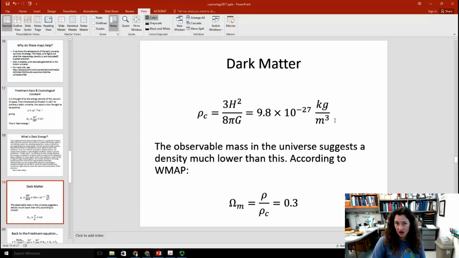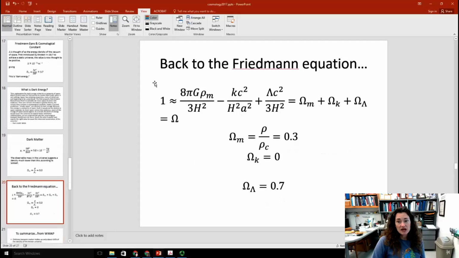It's not a lot. However, the observable mass in the universe suggests a density much lower than this. So according to WMAP, the ratio of the observed mass of the universe to the critical density is 0.3. So, not a lot. Now back to the Friedmann equation.